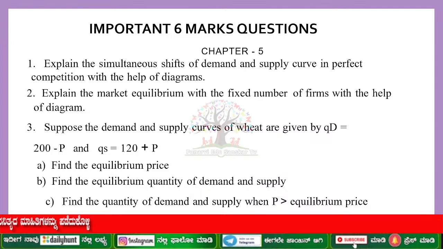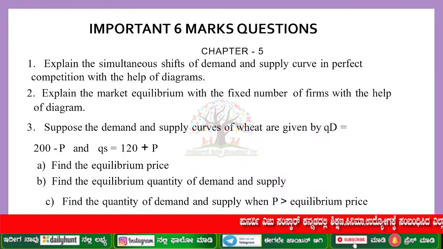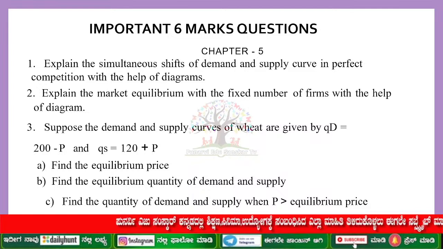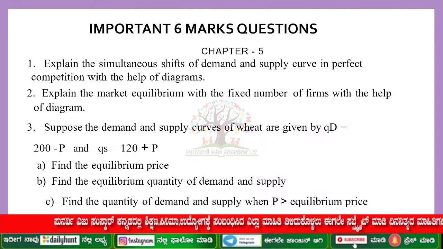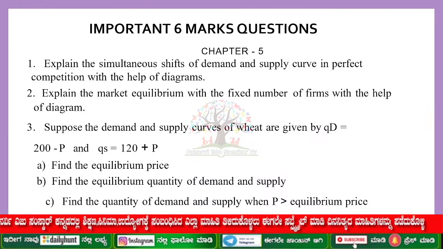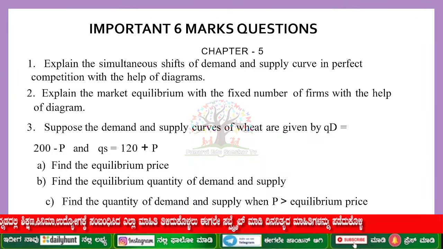Explain market equilibrium with a fixed number of firms with the help of a diagram. Or, the demand and supply curve of wheat are given, that is, QD equals 200 minus P and QS equals 120 plus P, and you need to answer the following questions. So from this chapter, you can expect one 6-mark question.